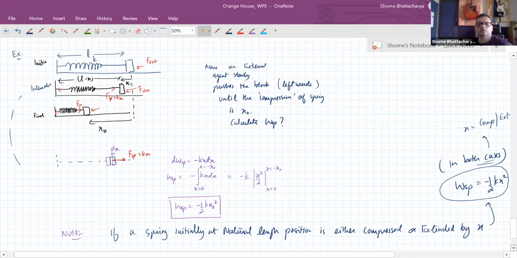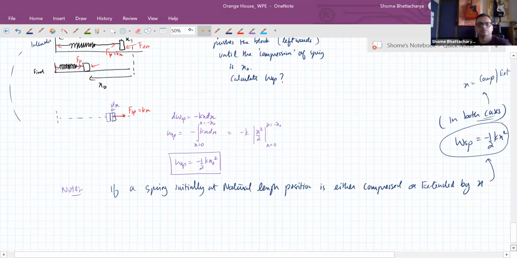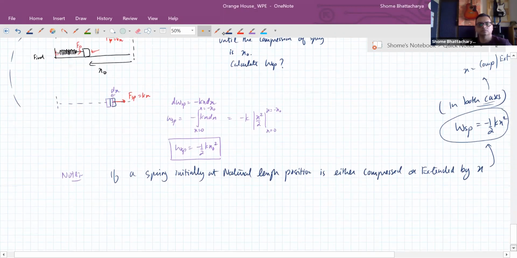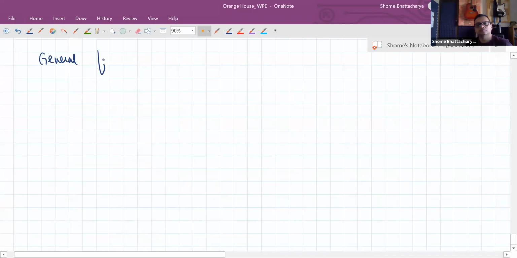So from this we now develop a general formula for work done by a spring.